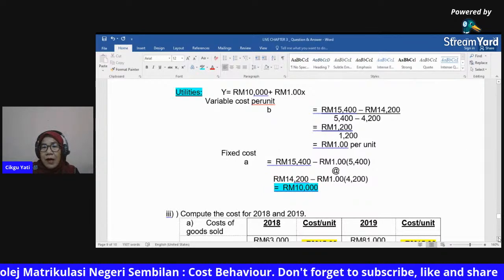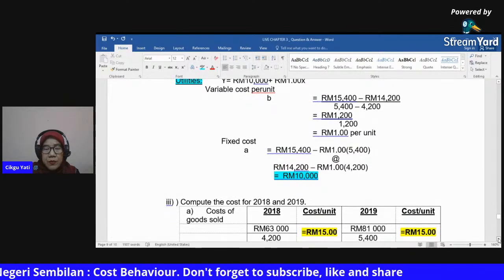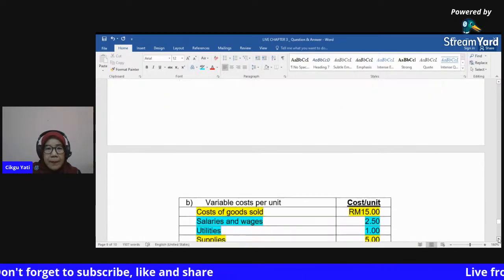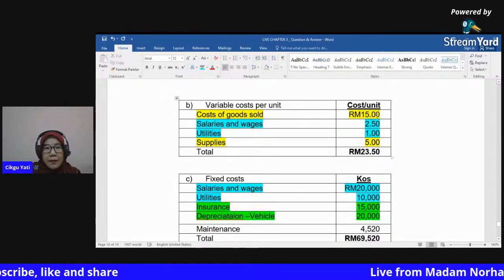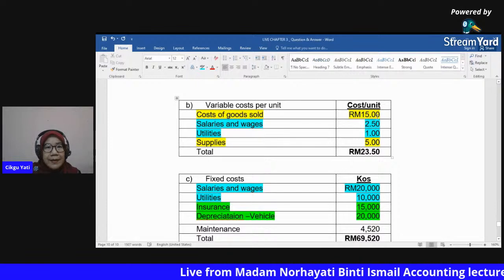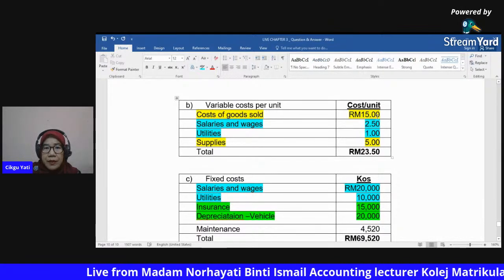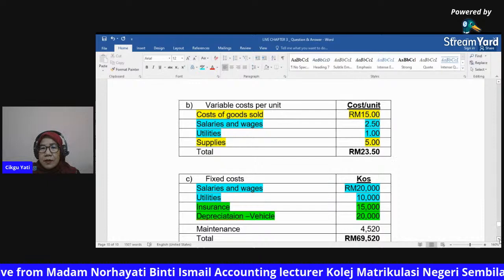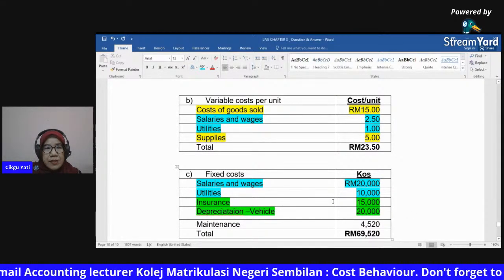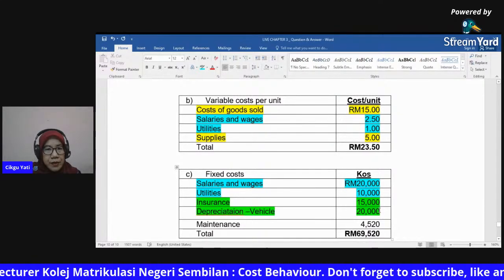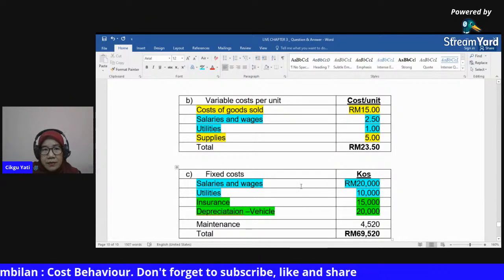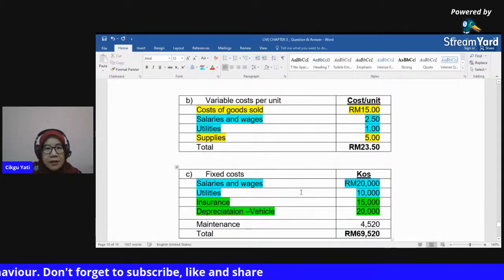Okay, now we want to calculate total fixed cost for all the cost items. So this one is the total variable cost for all the items that have variable cost per unit. And this one is the total fixed cost. Insurance and depreciation, we know that one is fixed cost. And this one, mixed cost, we have calculated the fixed cost for salaries and utilities just now.